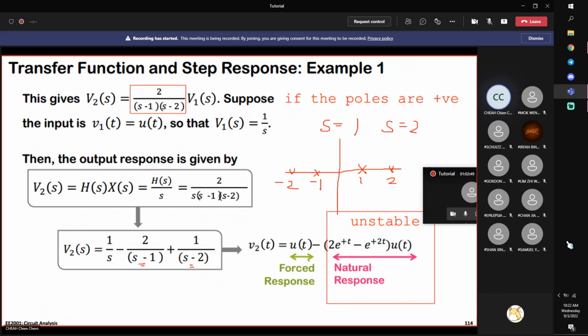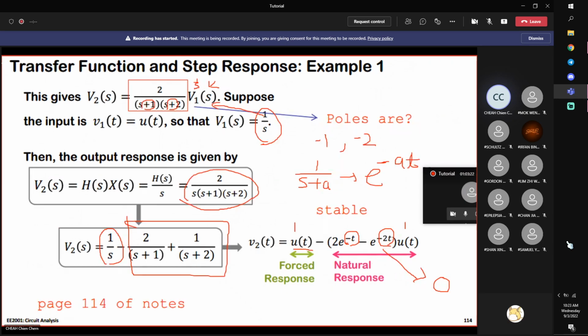If this is negative, then this will become positive. And look at this, it goes to infinity now, which means that it becomes unstable. So the locations of the poles determine the stability of the system, because they make your output in the time domain go to infinity. That's the definition of unstable: go to infinity at steady state.